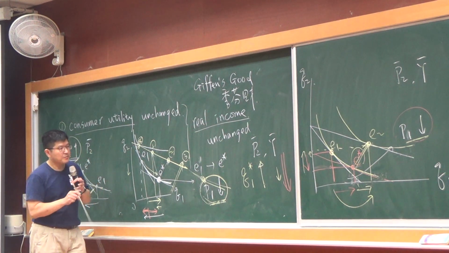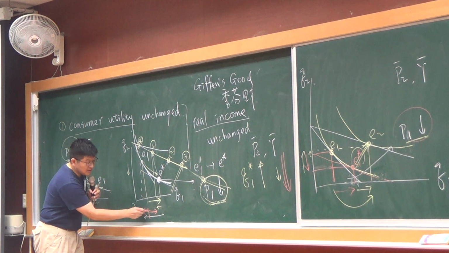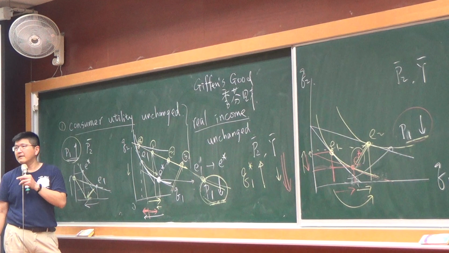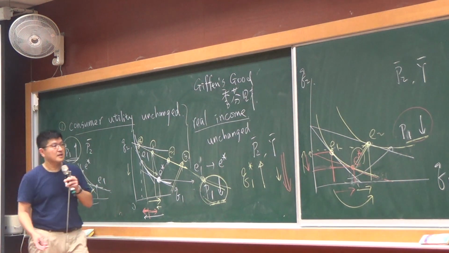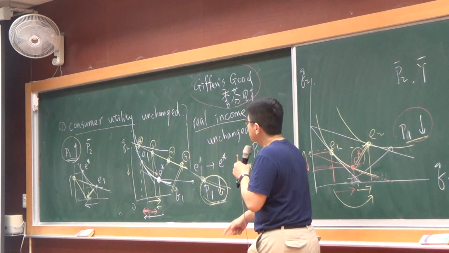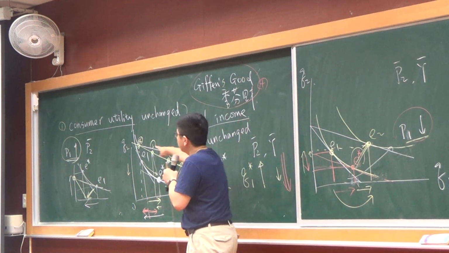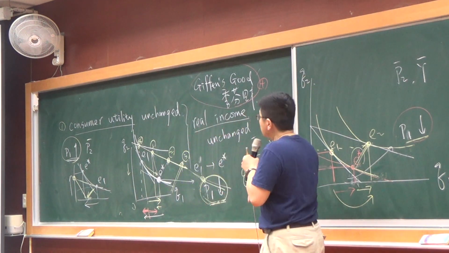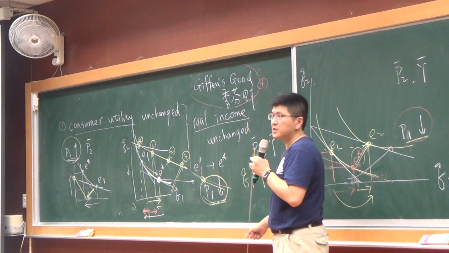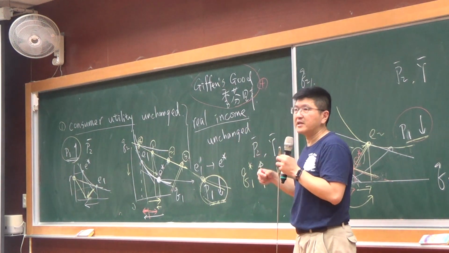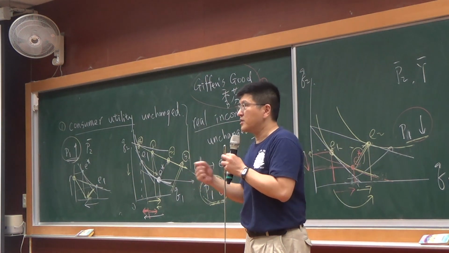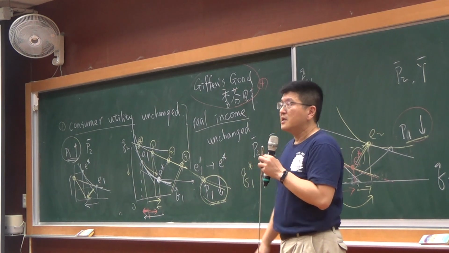I mean, when the price drops and we consume less Q1, it can happen. So this is the case corresponding to number 4, and the reason why we have case number 4, or why we have Giffen good, is because the income effect is so large for the inferior good.